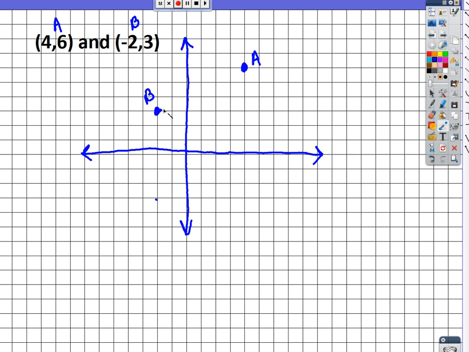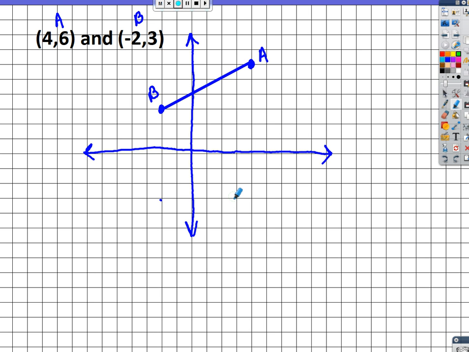I could use some tools that I already have. Let's fix that. So here's the distance that I need to determine. To use the Pythagorean Theorem, which is what the standard states, I need to turn this into a right triangle.